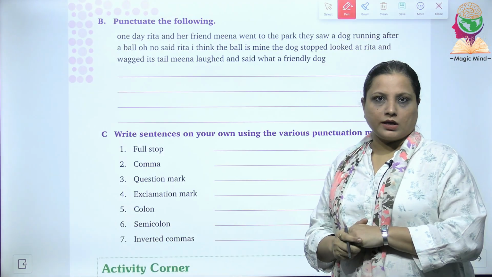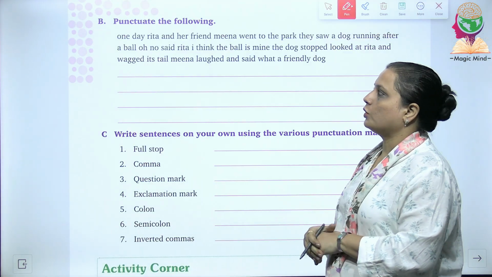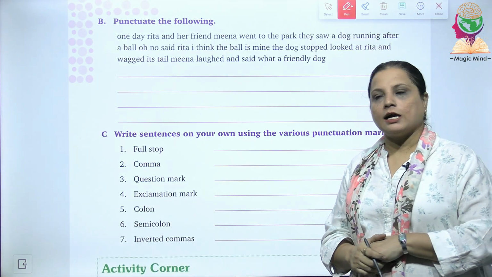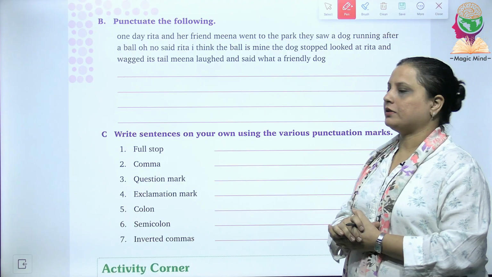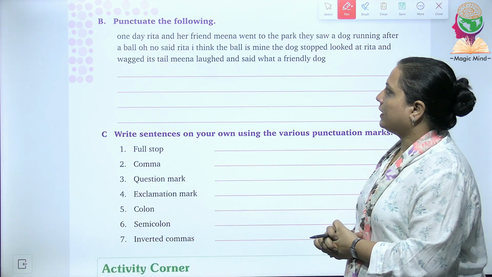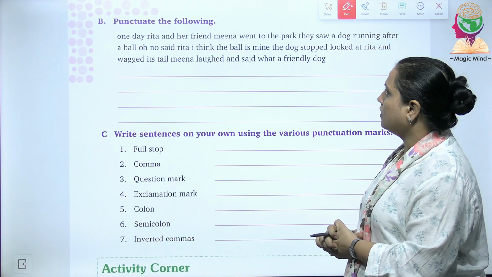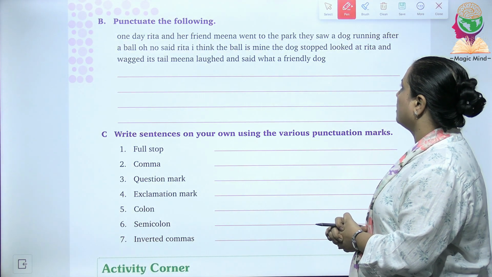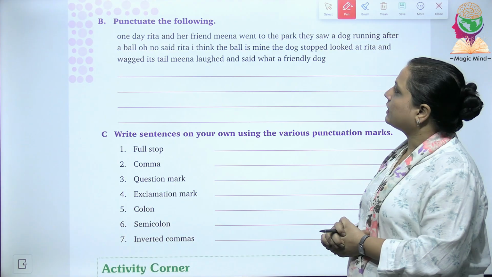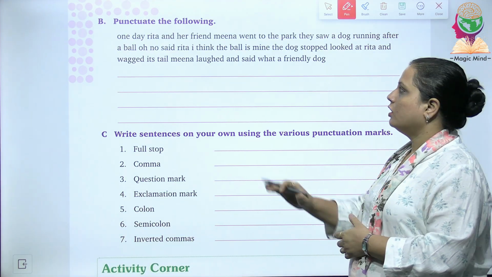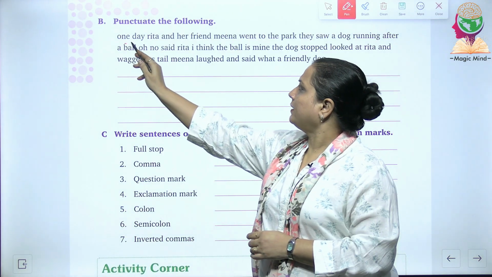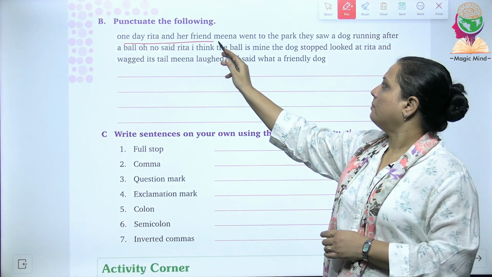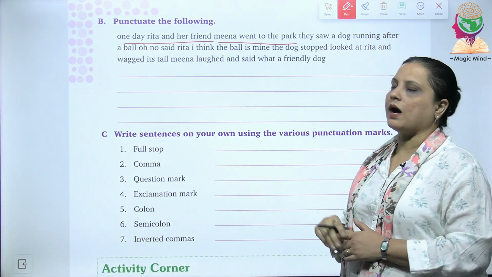The B question is: punctuate the following. So first we will read it and then we will complete the following. "One day Rita and her friend Meena went to the park. They saw a dog running after a ball." So first, "One day Rita and her friend Meena went to the park."